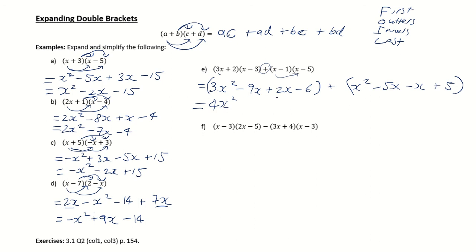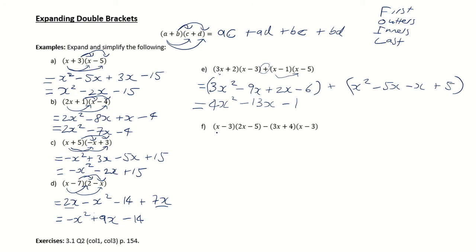And then we've got negative 5x, so negative 7x take 5x is negative 12x. And negative 12x take 1x is negative 13x. And then negative 6 plus 5 is negative 1. A little bit trickier to simplify. You can break it up into smaller steps if you would like.